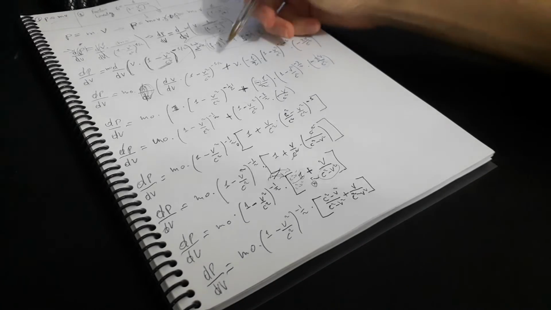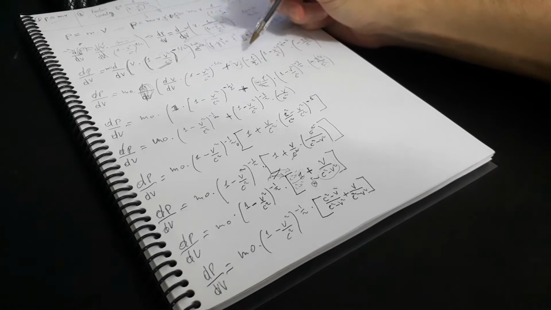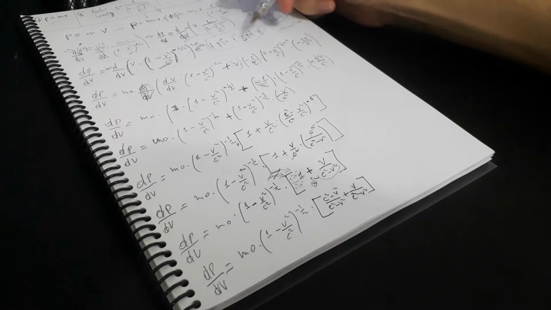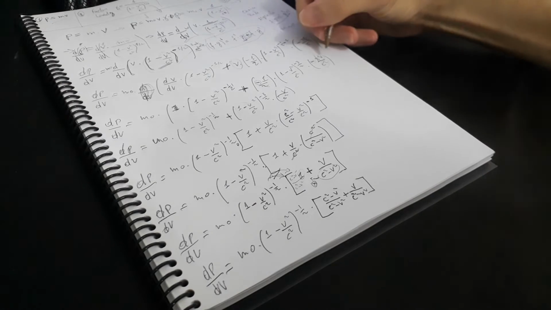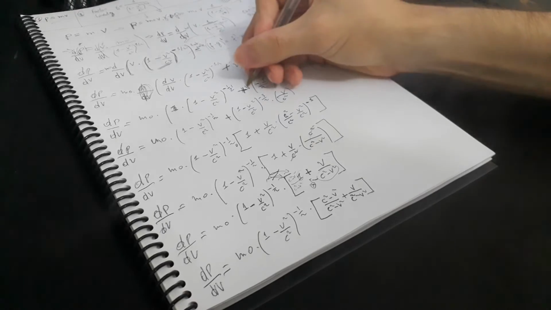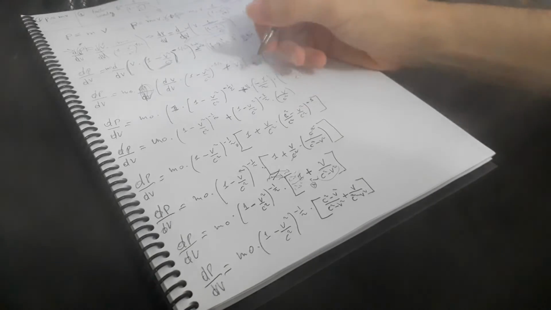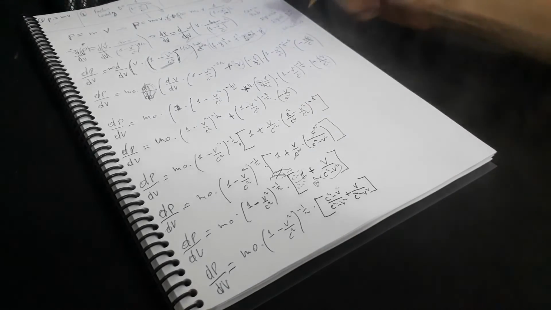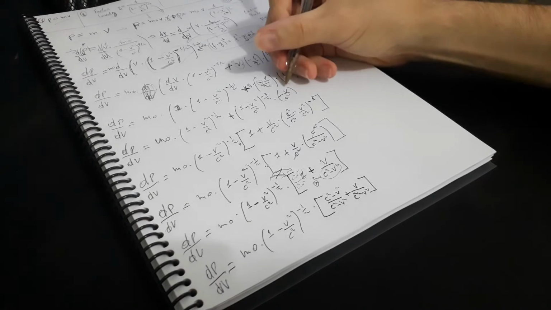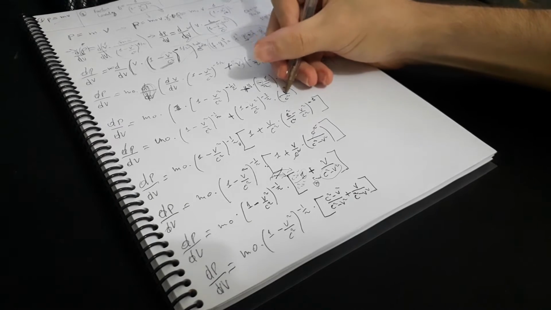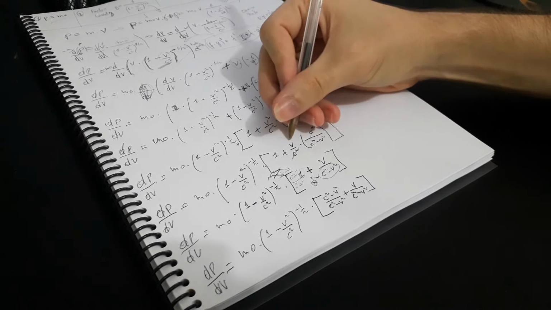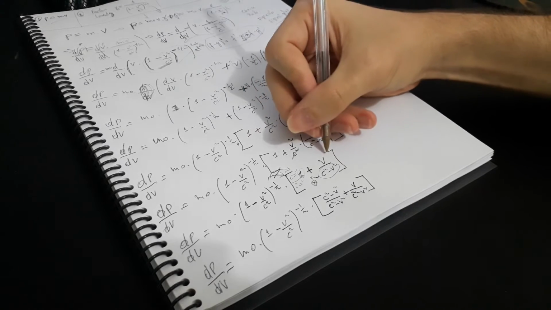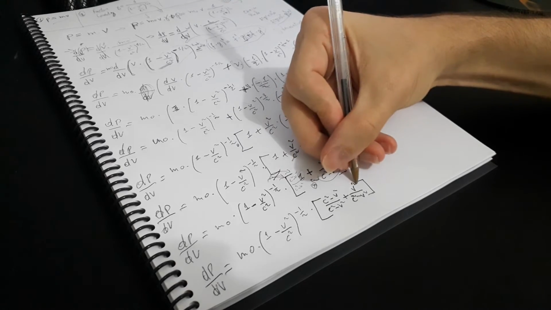Oh, I forgot. I had this v, and I can multiply with this v. So this v here, the first v, multiplied by this, we have a v squared here, v squared here, v squared here, v squared here, and v squared here.